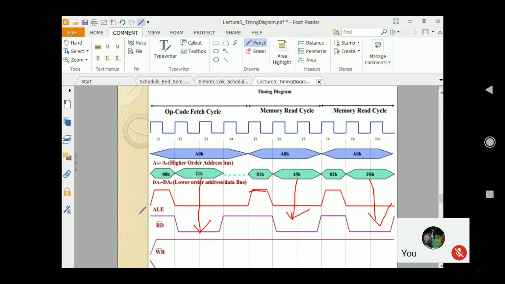ALE will be enabled in the first T1, and after completion of the opcode fetch cycle, T5 will be enabled, because I want the lower address bus here, so I need to enable ALE, and it is high.